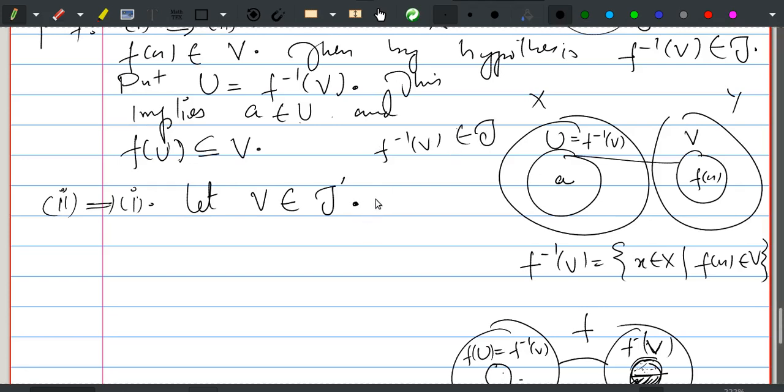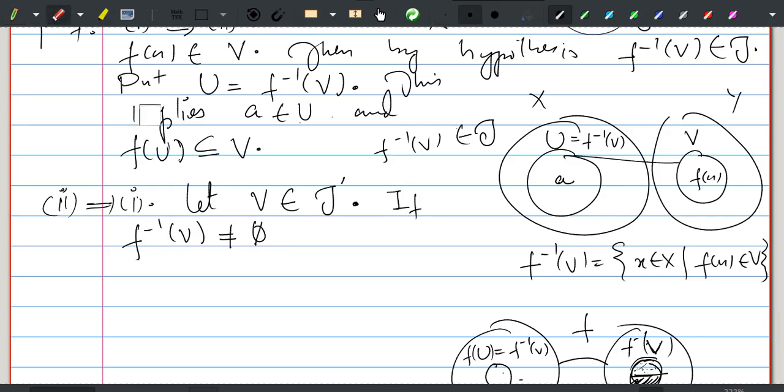So there are two conditions. If f inverse V is empty, so there may be the case the inverse image of V is empty. This is empty. Then empty set being open in X, so in this case the result is trivial.